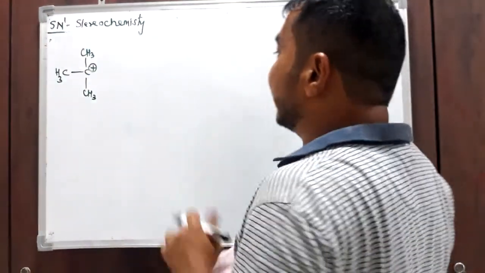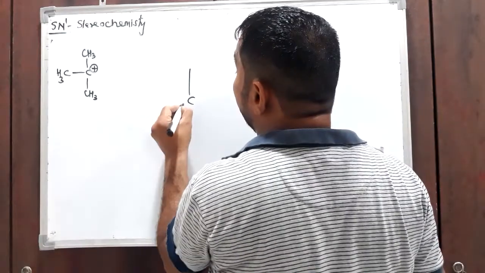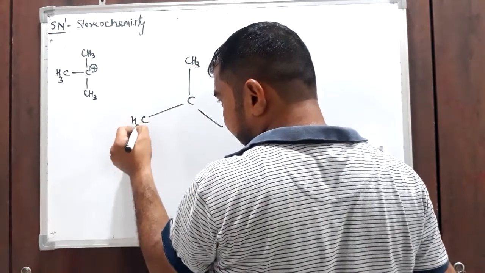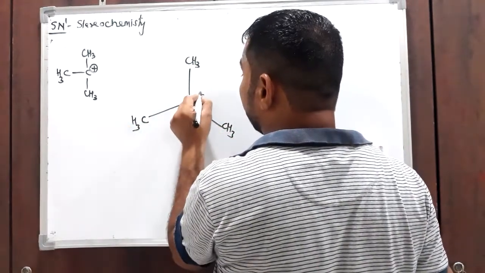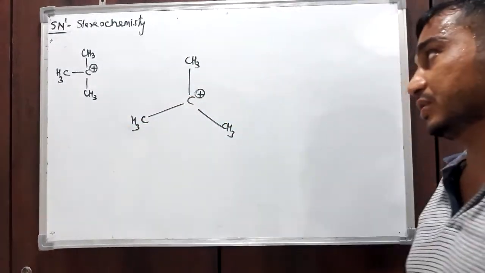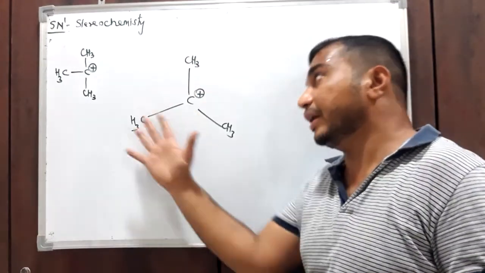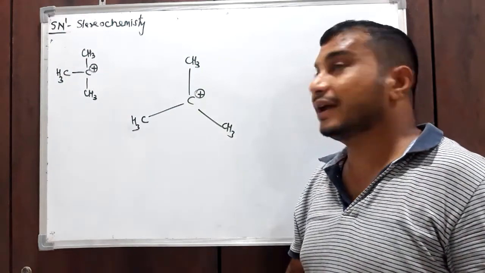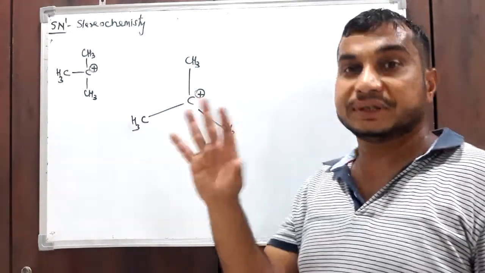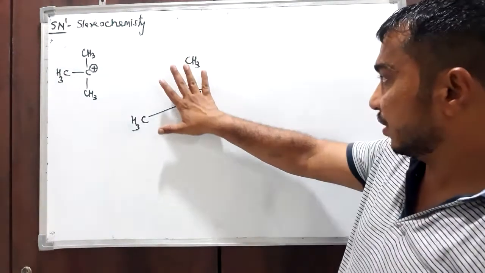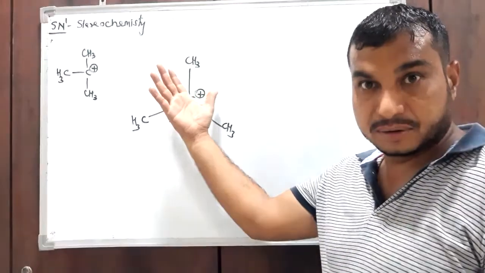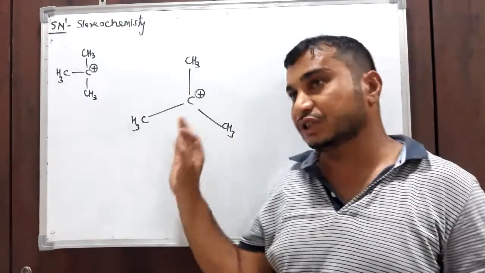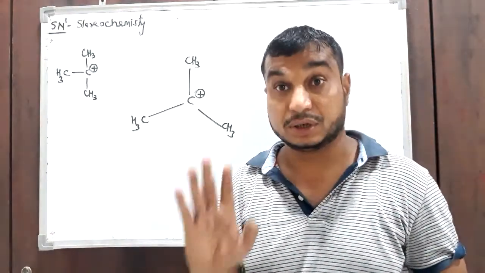We know this carbocation is a planar species. The geometry of carbocation is planar. So due to this planar structure, this carbocation has two faces, for example, front face and back face. So this carbocation species is planar, therefore it has two faces.